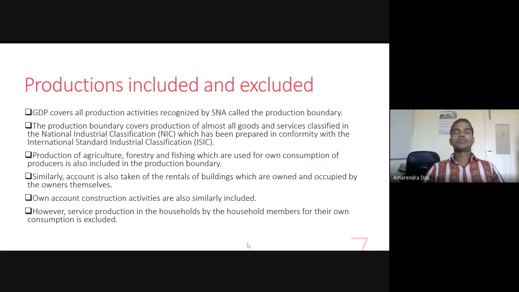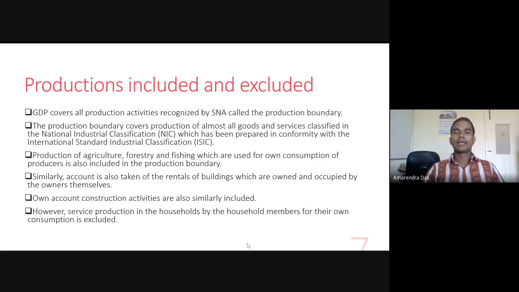Now, next one is production of agriculture, forestry, fishing, which are all used for own consumption, are also included in the production boundary. But remember, if you are producing something and consuming on your own, then that is included. But all the services produced in the home and delivered to your family members are not included.